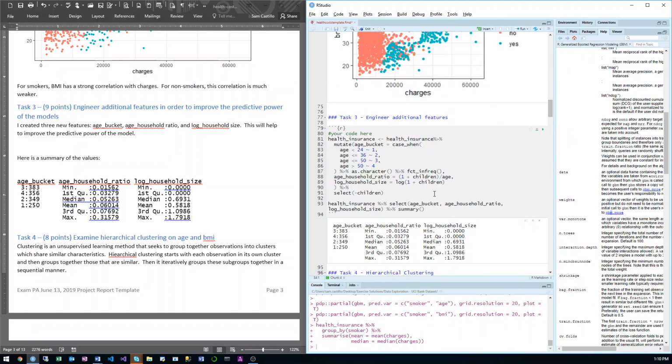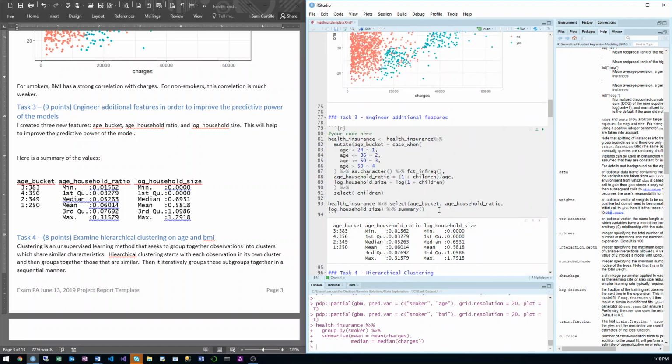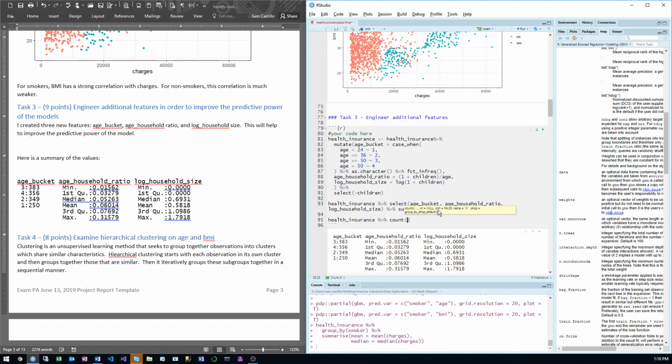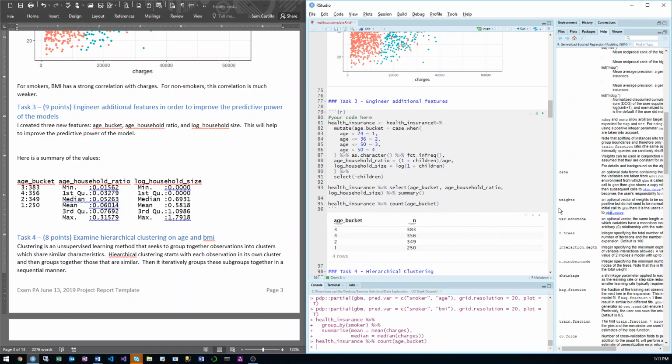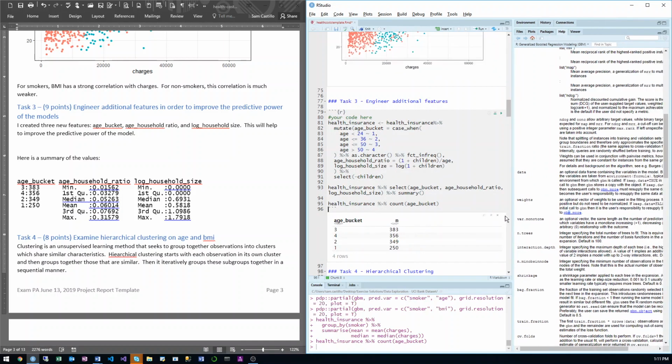I'll give them the counts of the values. And it doesn't have to be the counts if you create new features. The point is just include evidence that you did the thing that they asked you to do.